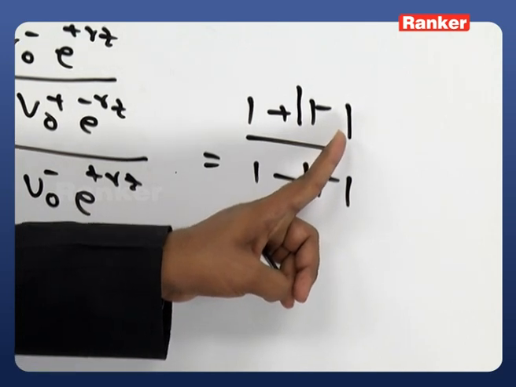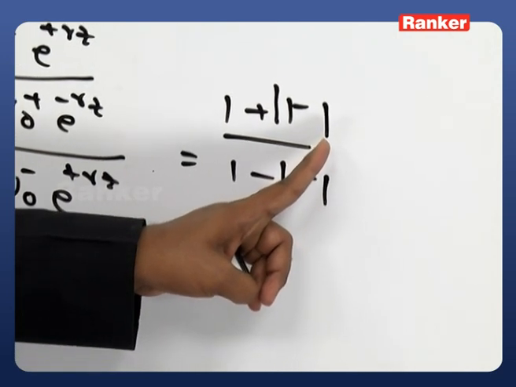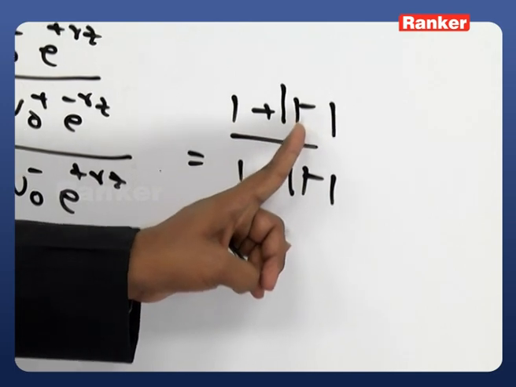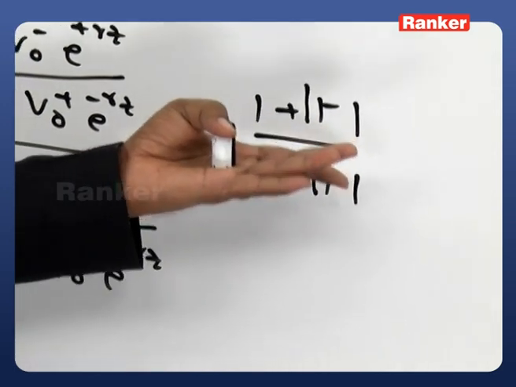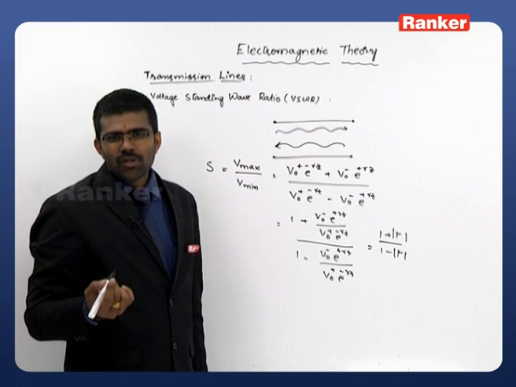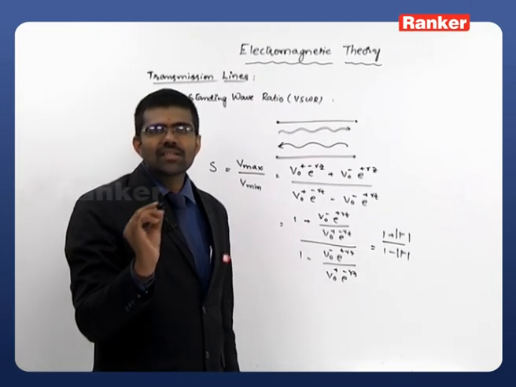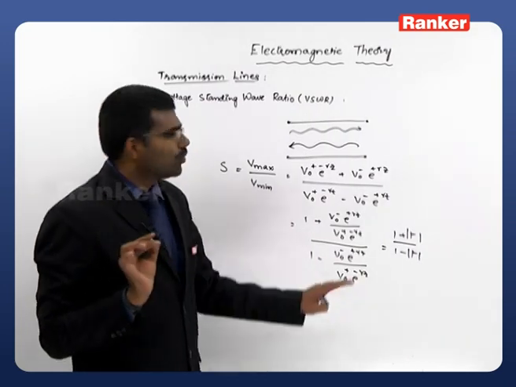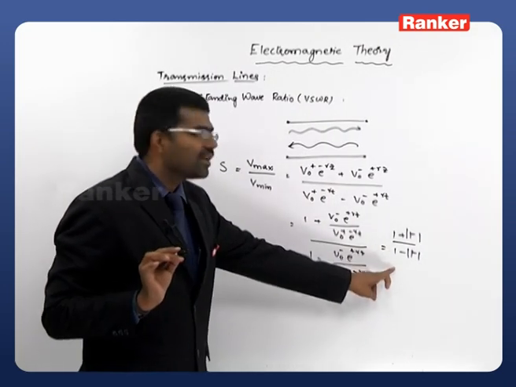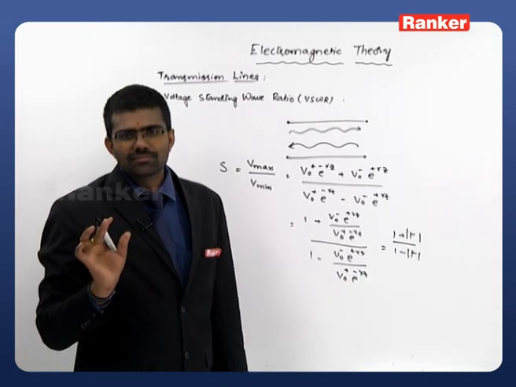If you consider the current standing wave ratio, you are supposed to substitute minus gamma, and minus gamma also gives you the same magnitude. So don't go for different concepts. There is no current standing wave ratio, only voltage standing wave ratio, and the magnitude is the same.